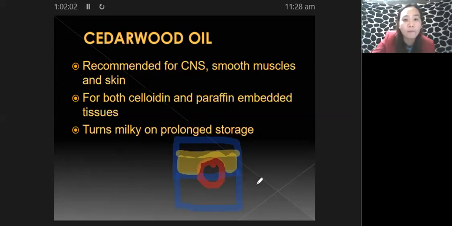So I repeat, your cedarwood oil is very difficult to be replaced by the infiltrating medium. In order to remedy this problem, you have to immerse your cedarwood oil cleared tissue sample into xylene or benzene. Okay, and this will now facilitate the infiltration process.